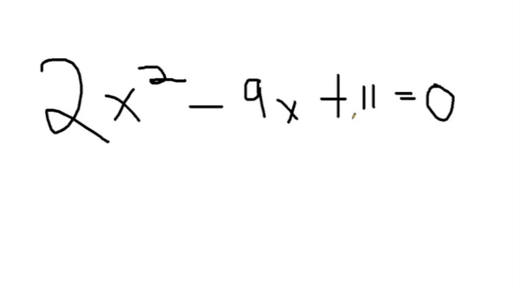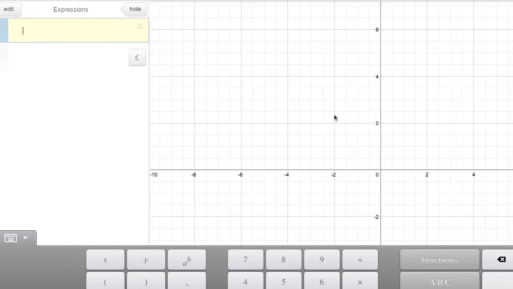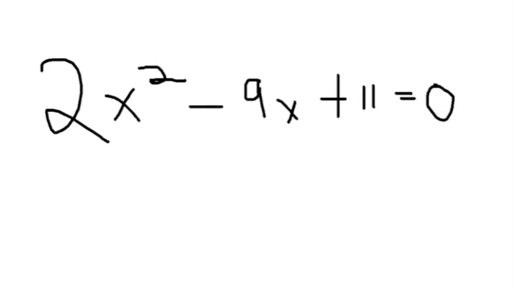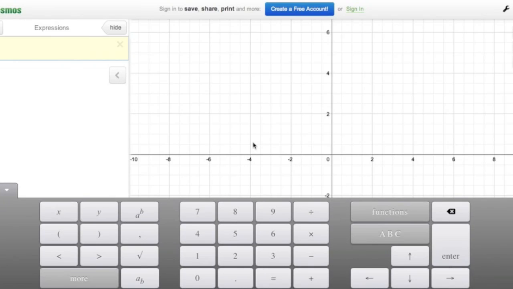Now, I found this cool tool, and I'm about to go over to it. So, hold on. Let me go over to it. It's a cool online graphing calculator tool called Desmos, and I'll put the link up on the helpful resources for those of you who need to see it.